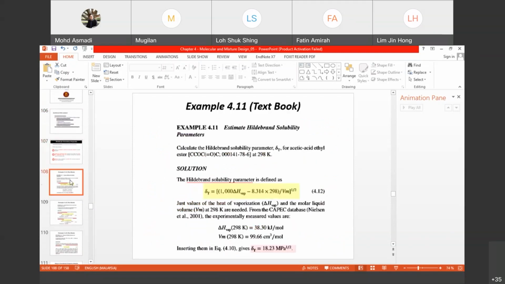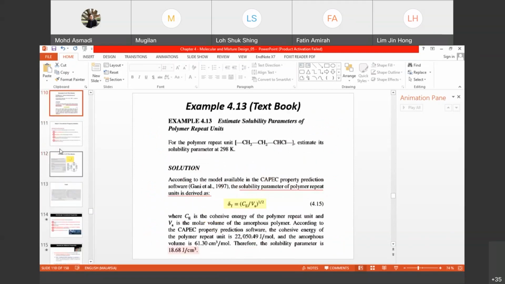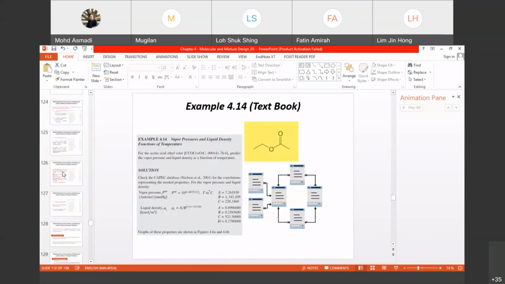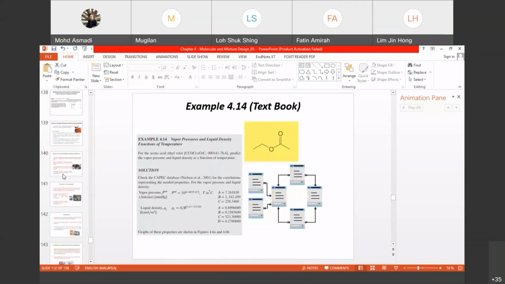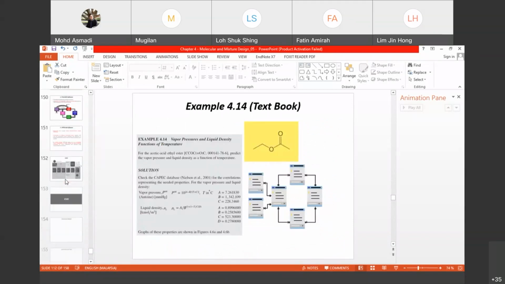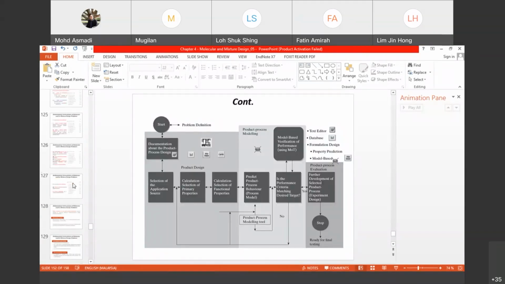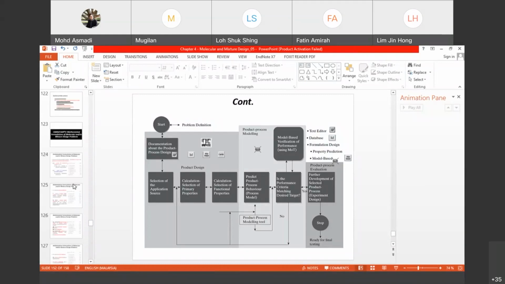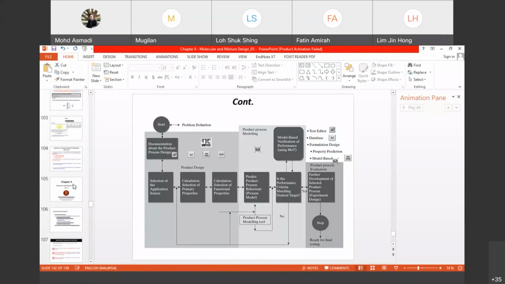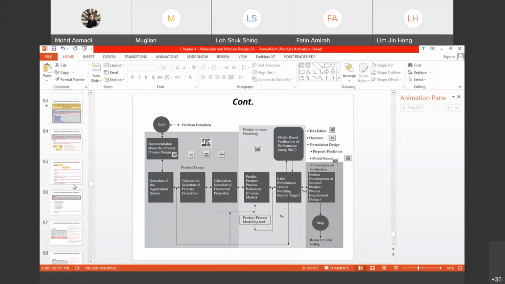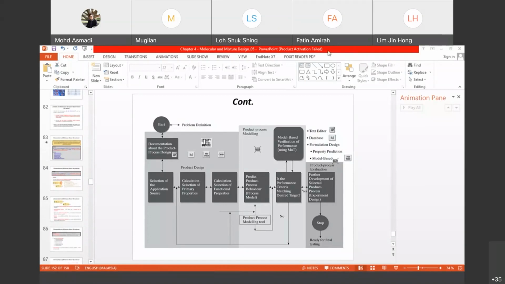This is not something we can finish in only one class. The main thing is how to use the software and also the case study. Any questions? No, clear, doctor.